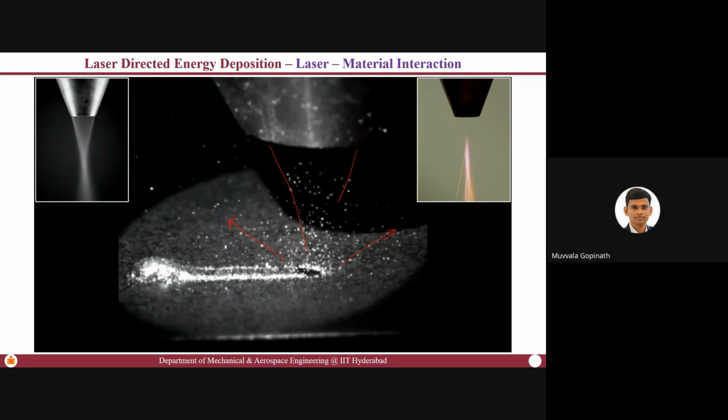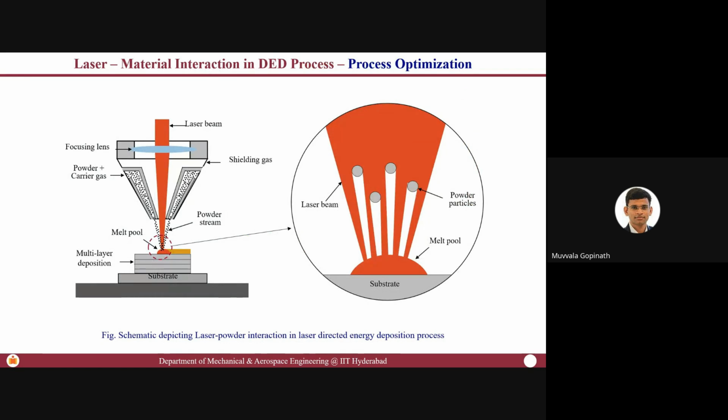Now the essential idea here is you have to understand again what is happening in this deposition process. What happens essentially is there is a powder cloud, because you are dispensing the powder, and through this powder cloud your laser beam is passing. Wherever the laser beam falls on this powder cloud, the powder particles get heated up.